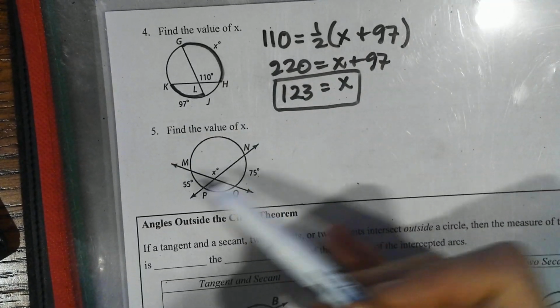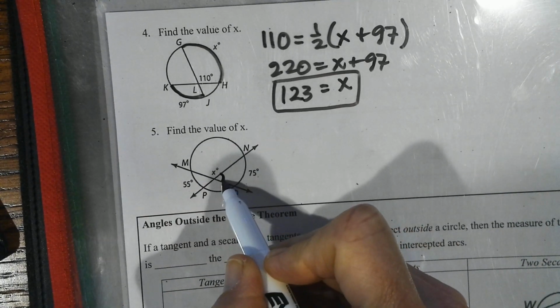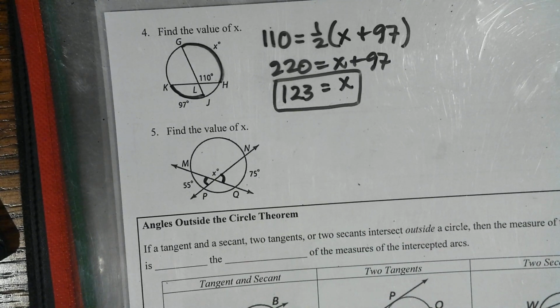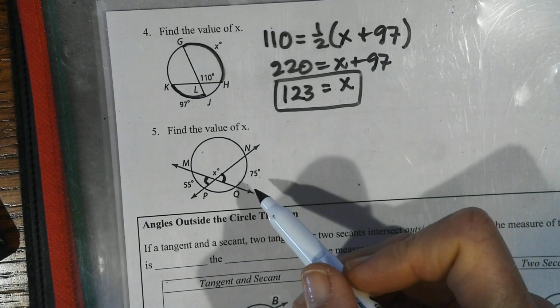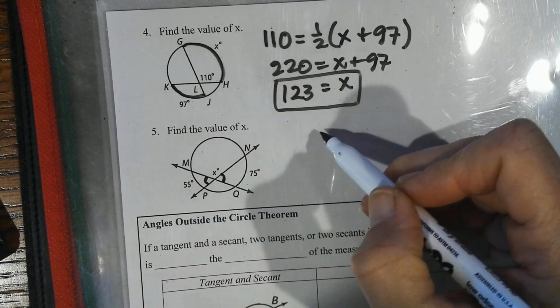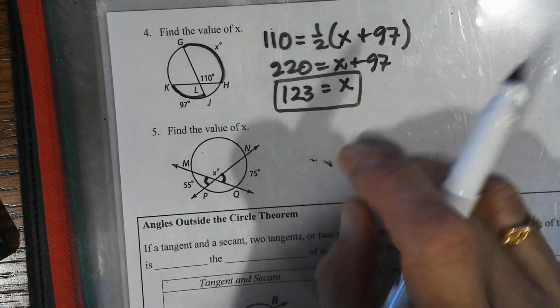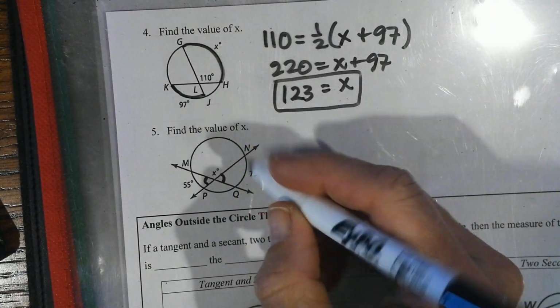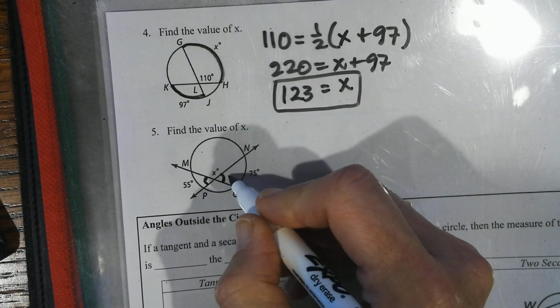Now, this one over here is slightly different, right? Because you're going to have to figure out this angle first, and then you can figure out what x is. So first we'll call this, for angle, let's call it j.